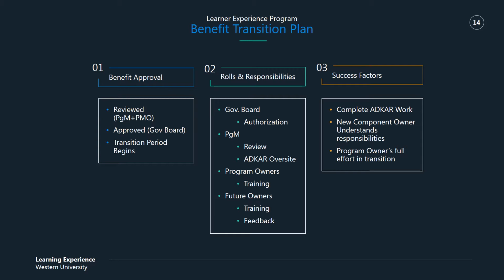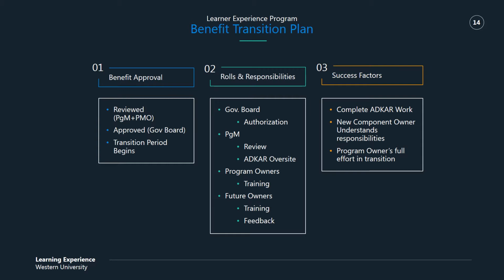Our roles and responsibilities. Our governance board gives the authorization for the benefit approval. Our program manager reviews and audits, and then also gives ADKAR oversight as a part of the review and the authorizations.